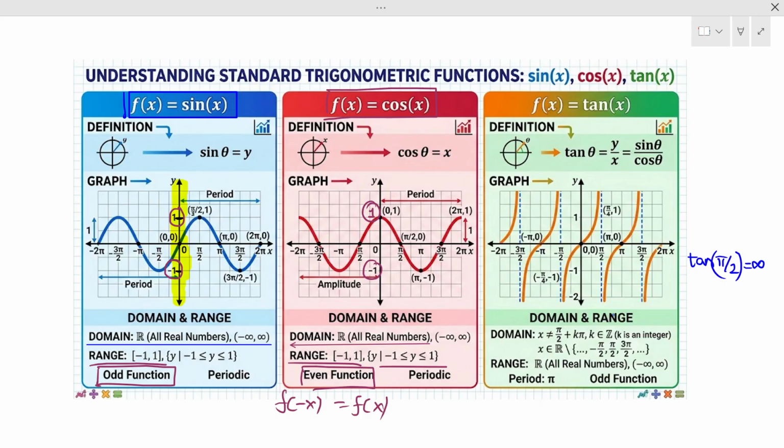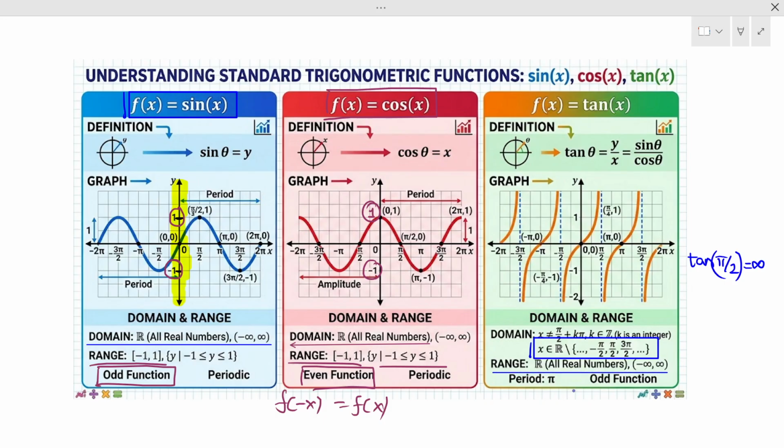So what will be the domain? The domain will be all real numbers except odd multiples of pi by 2. And what will be the range? We can see that it can go anywhere. So the range will be the set of real numbers.